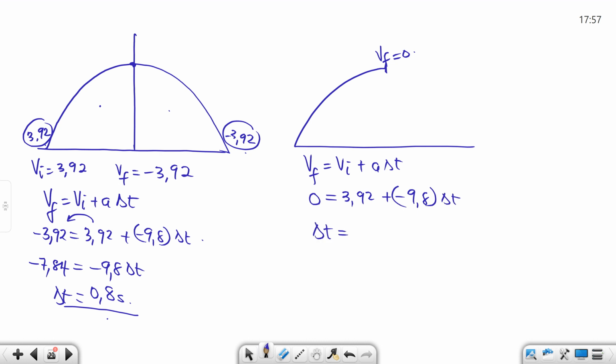Somebody give me an answer quickly. 0.4. But what have you done? You have calculated just halfway. To reach the ground, we need another 0.4. So let's know when to multiply by 2 and when not to multiply by 2.